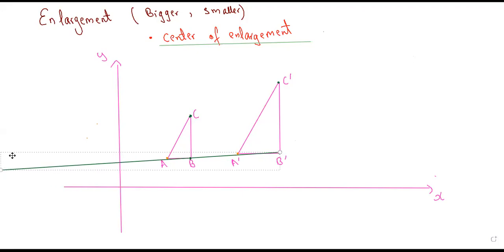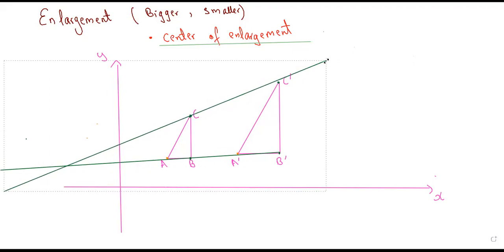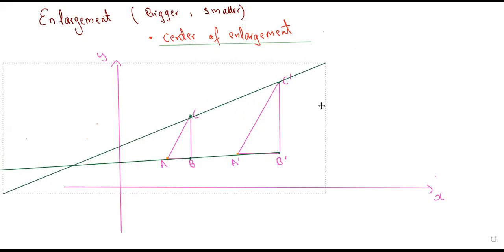I need to extend it as much as I can. And then the second one is going to be a line that is passing through B and B dash. Yeah, it should be something of this type. Yes. And again, the center is this one. Okay. So this is your center of enlargement.